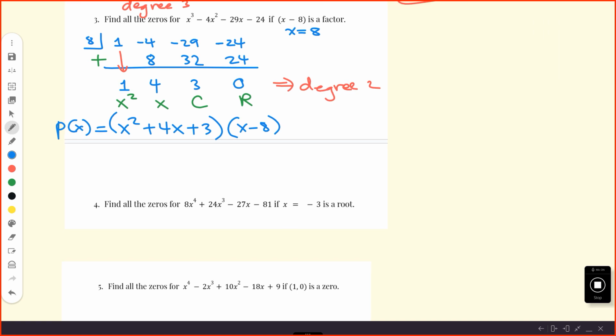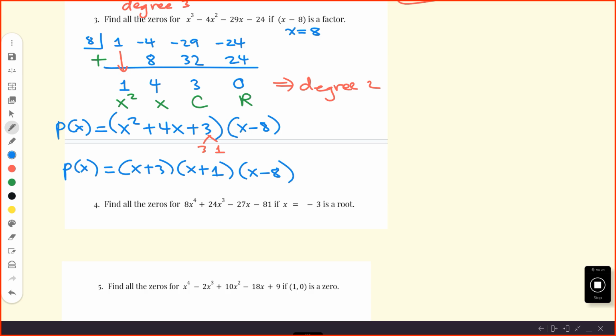Now, can we factor x squared plus 4x plus 3? Is it factorable? Yes. Can you think of two numbers that multiply to 3 and add up to 4? 3 and 1. So I can write this as p of x equals x plus 3, x plus 1, and then you copy x minus 8. These are all the 3 factors, and from the 3 factors, we can write the zeros.